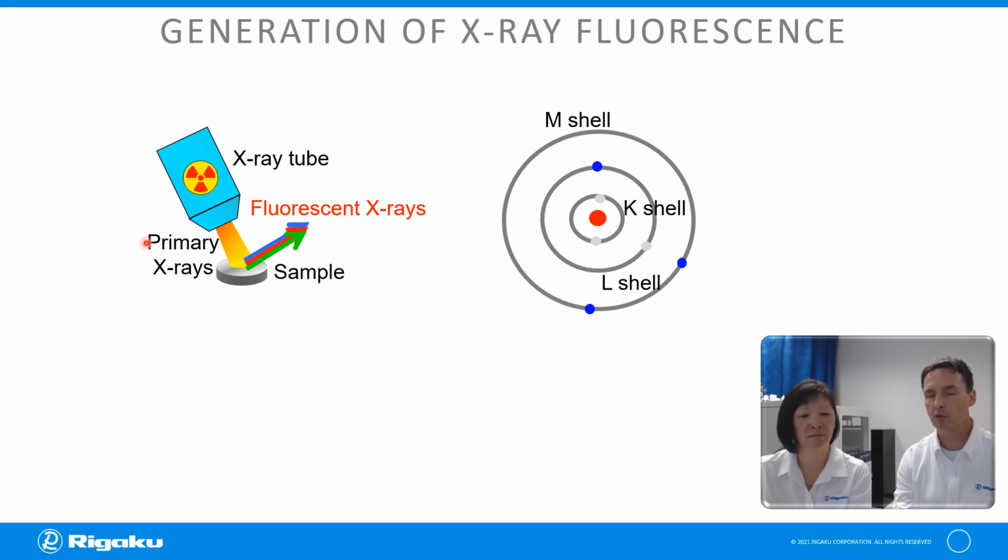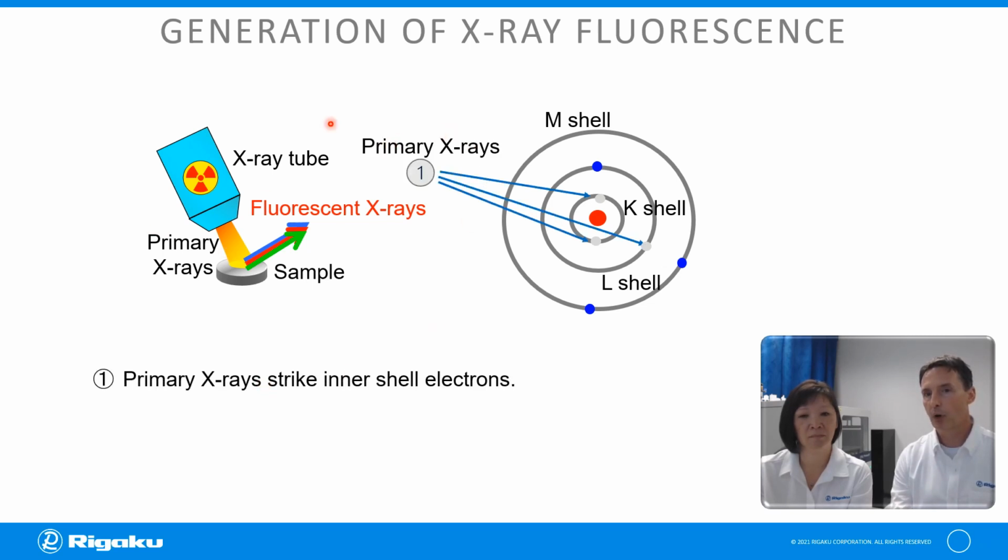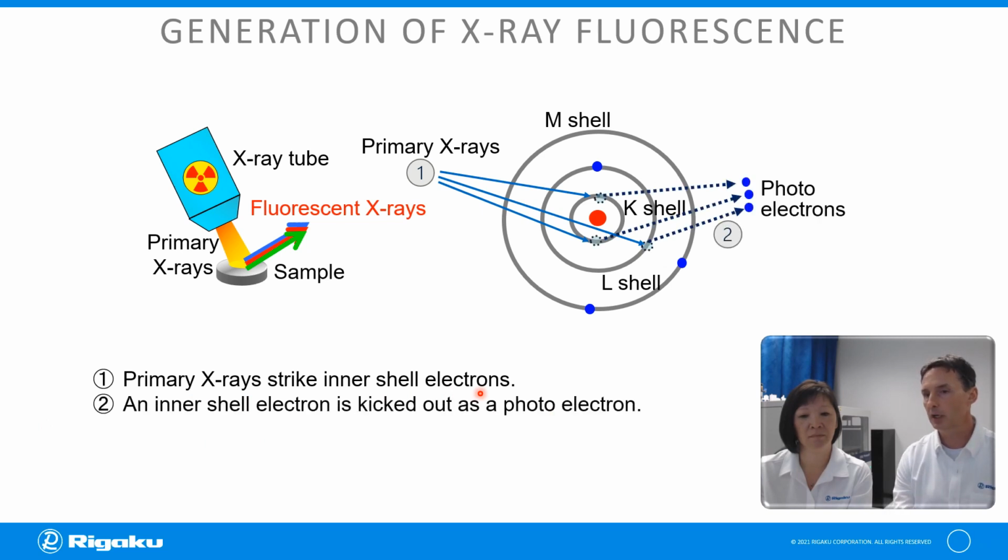Okay, so how does XRF work? Well, we're using X-rays to generate fluorescent X-rays in samples. We have an X-ray tube that produces a polychromatic spectrum of X-rays, and that will excite the elements in our sample, producing fluorescent X-rays from them. How does that work? We are using those primary X-rays. If they're of sufficient energy, they will kick out inner shell electrons. Those will be lost as photoelectrons.